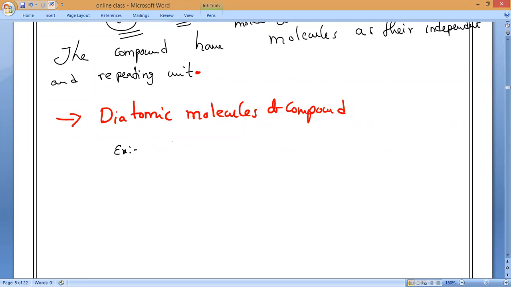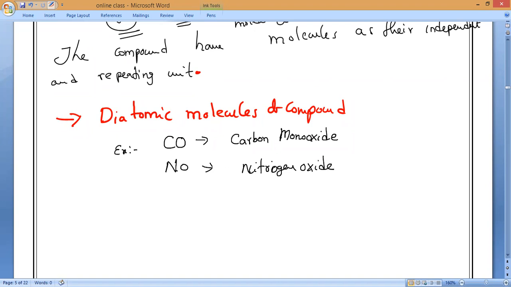Examples. I will give you carbon monoxide. How many atoms are there? Check it. Carbon monoxide, two. Nitrogen monoxide, nitric oxide, NO. Hydrochloric acid, how many?